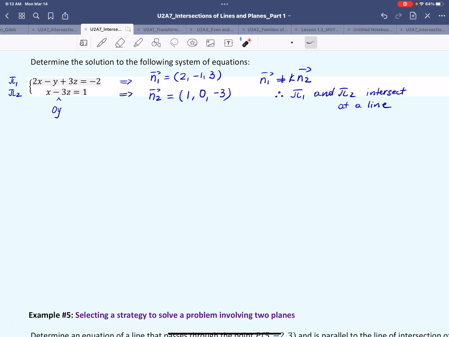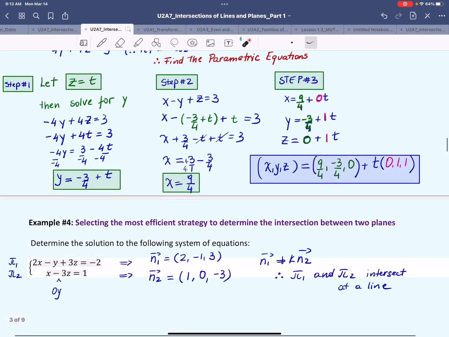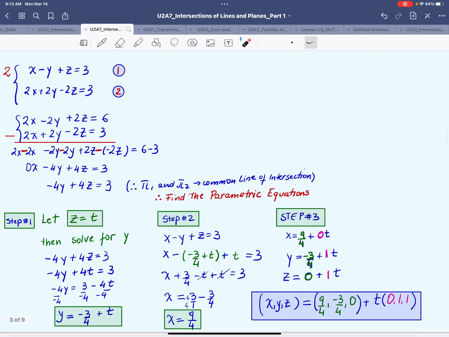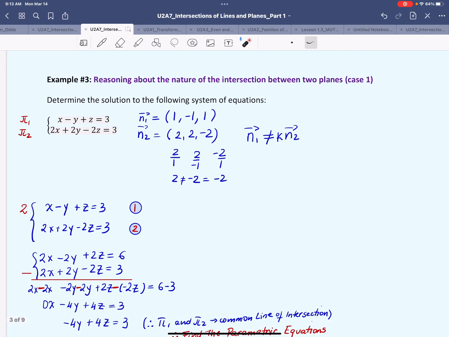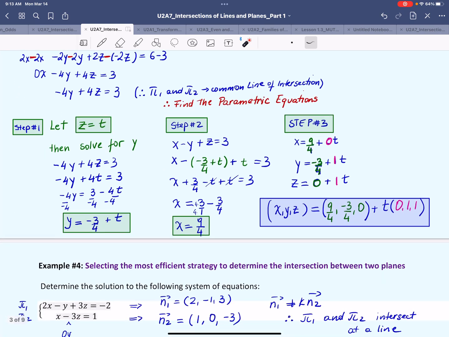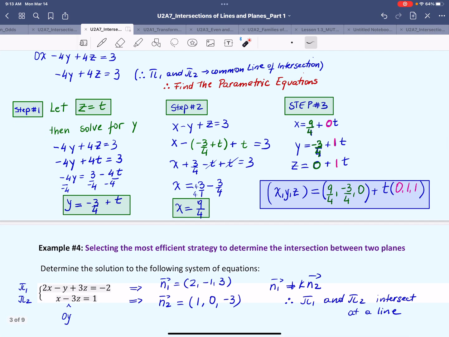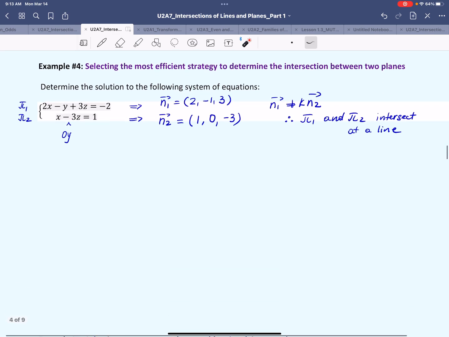As you can see here, in our case the second equation describes the relationship between two variables in this system, which means that we do not have to go through the elimination process we had to go through in example number 3. For this, look at video number 2 of lesson U2A7 part 1, which means that we can start right away to finding the equation of the line.